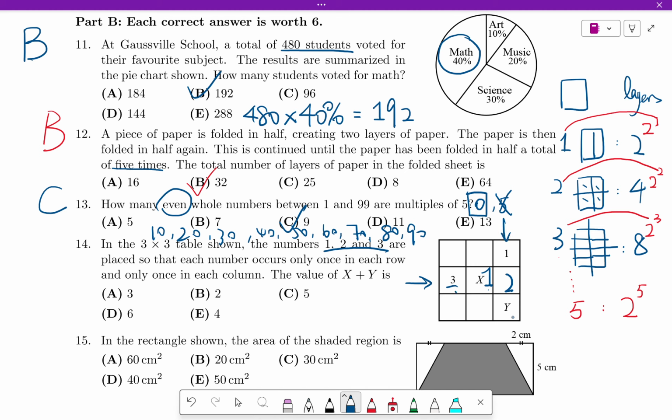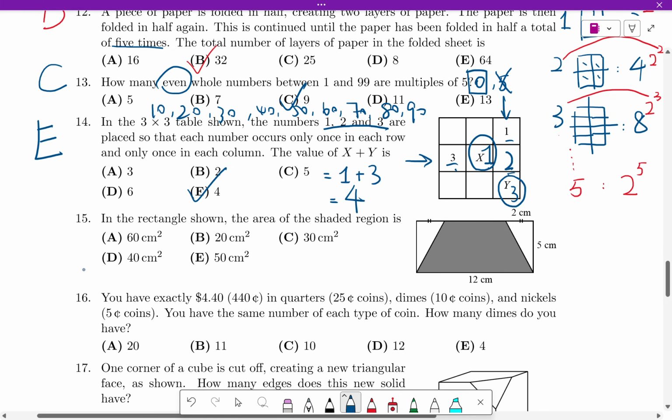Now we look at this column. We have a 1, 2, so we must have a 3 in this column because there's definitely 1, 2, 3 in any column. So we can see that x would be 1 and y would be 3. So x plus y is equal to 1 plus 3, which is equal to 4. Option E would be correct.